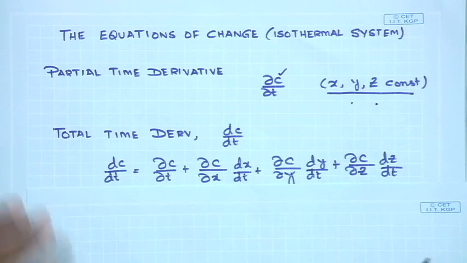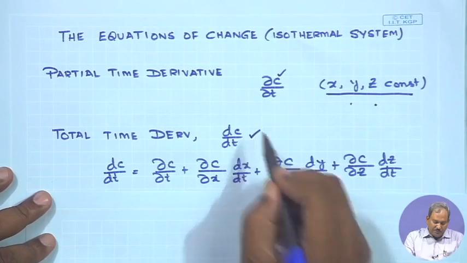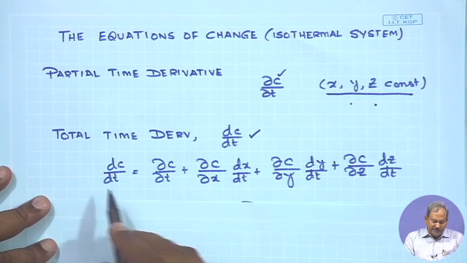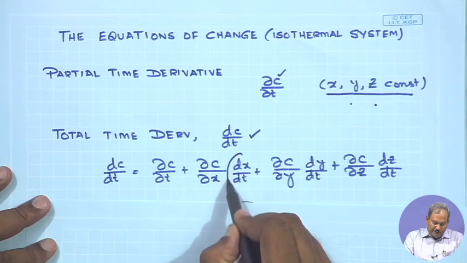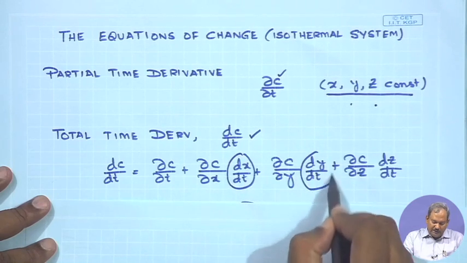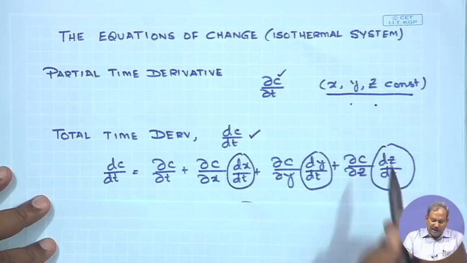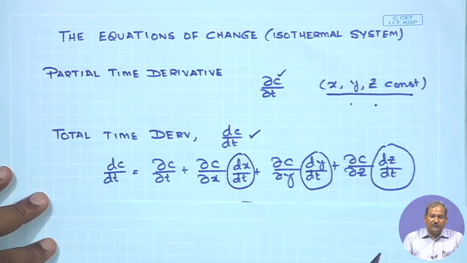So, when you measure the variation of the number of people wearing blue shirt as a function of time while you have a velocity of your own, by definition it is known as the total time derivative, which is denoted by dC/dt, and this dC/dt is simply expressed in this, where dx/dt, dy/dt and dz/dt are the components of your velocity.